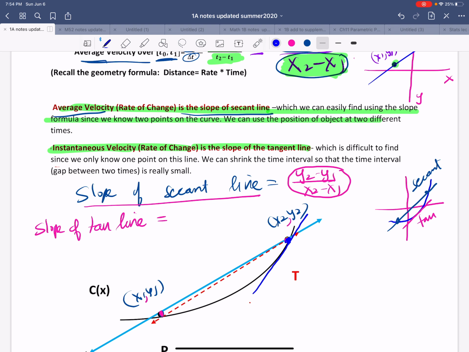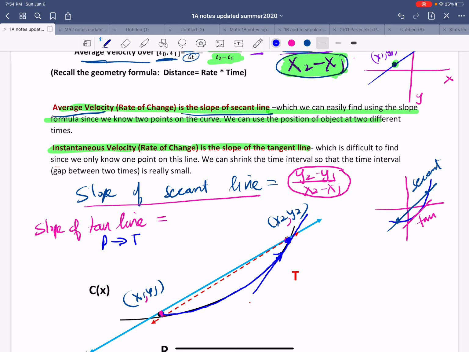What I can do is bring the point P infinitesimally close to the point T, very close to T, and then estimate the slope using those two points.